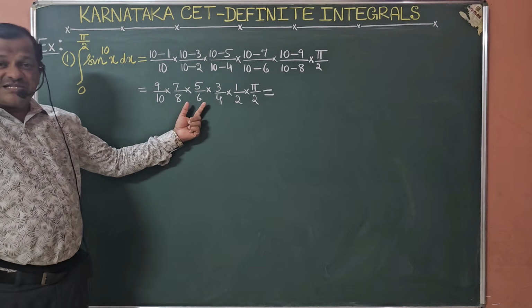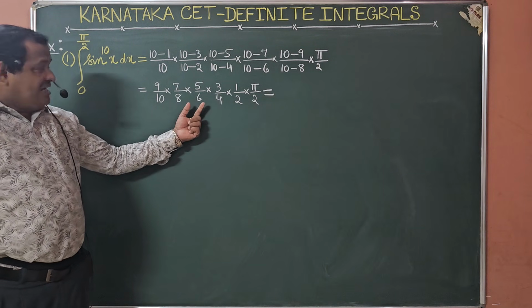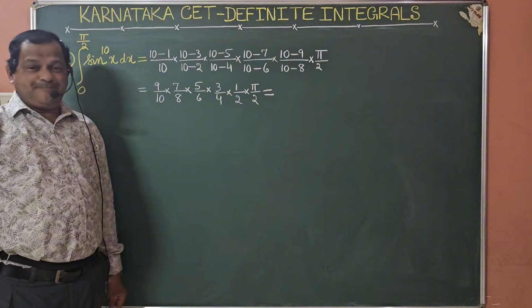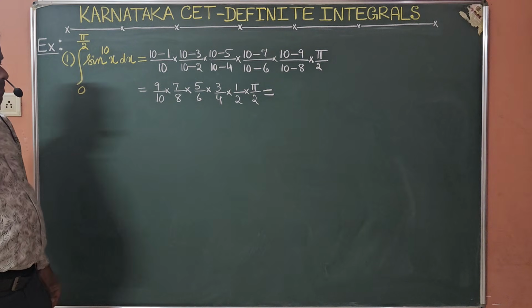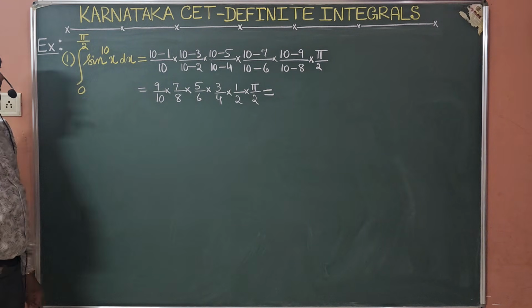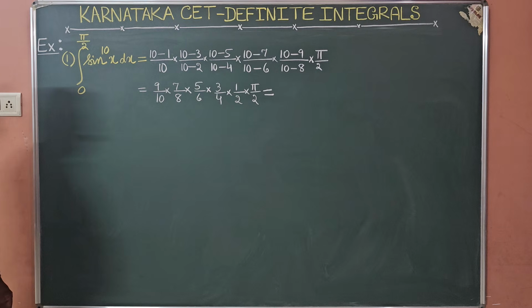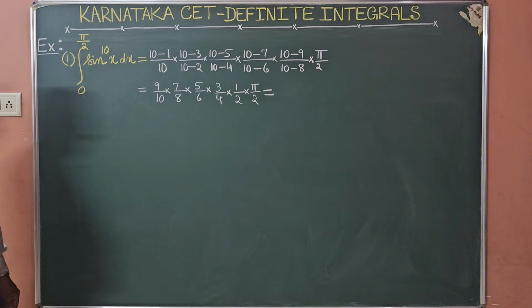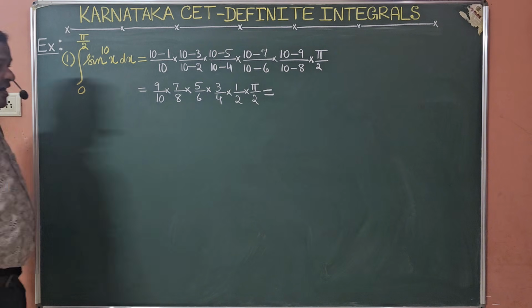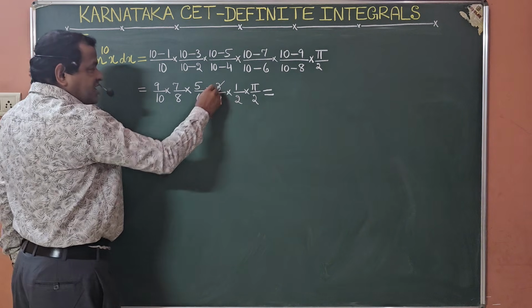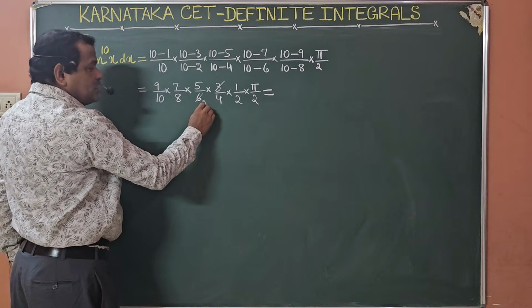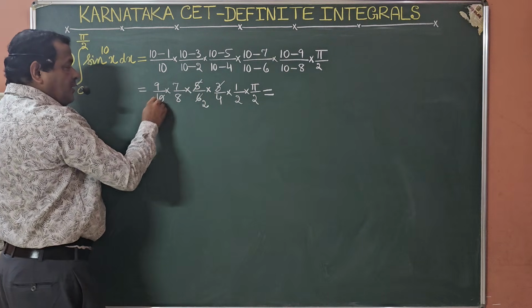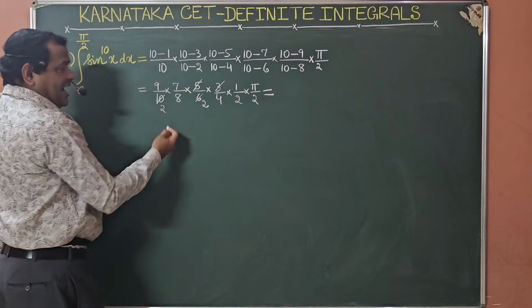I'll just pause here for a while and you kindly simplify this. The 3 cancels with the 6, 2 times; the 5 with the 10, 2 times.